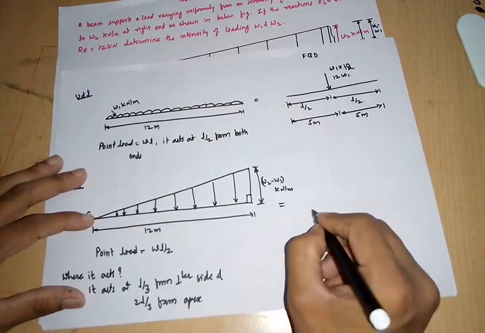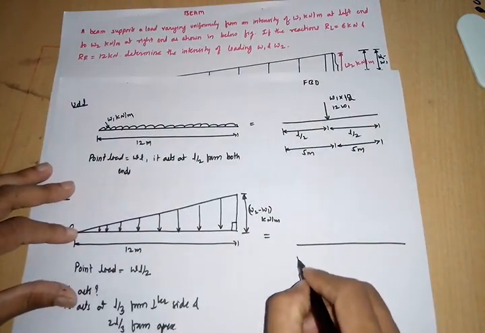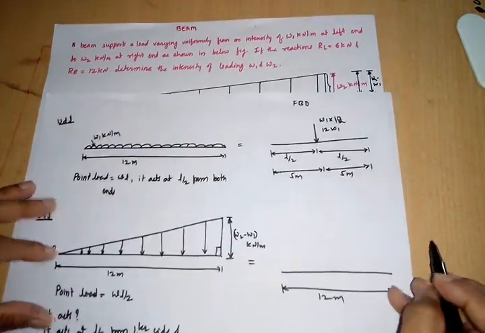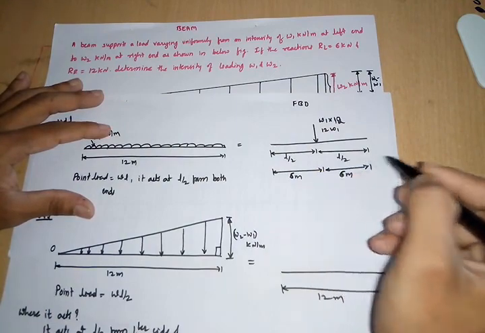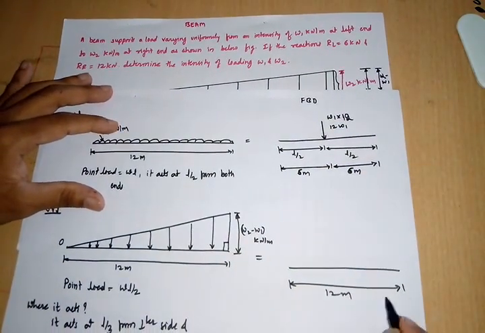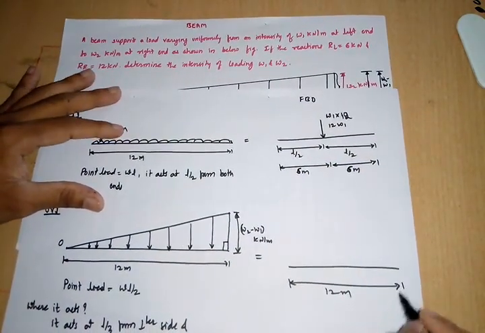So the free body diagram is: from here to here it is 12 meter. Now where will it act?